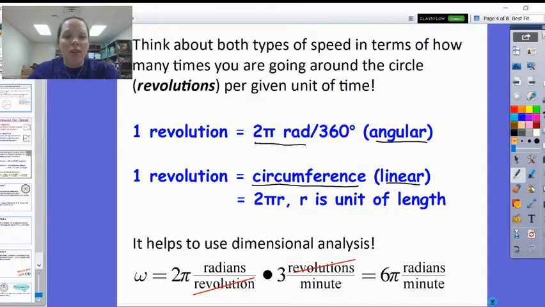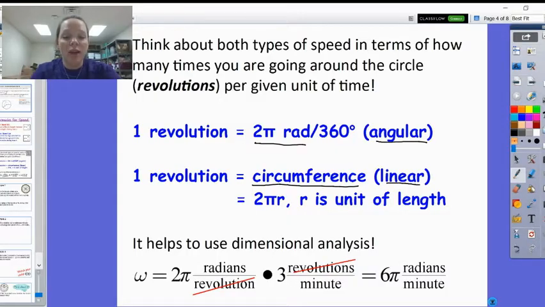When you're working these problems, it also helps to use dimensional analysis like we do in science. Let's say you're trying to find the angular speed of an object that is going around the circle 3 times in 1 minute, so 3 revolutions per minute. We know in one revolution, it is passing 2 pi radians.